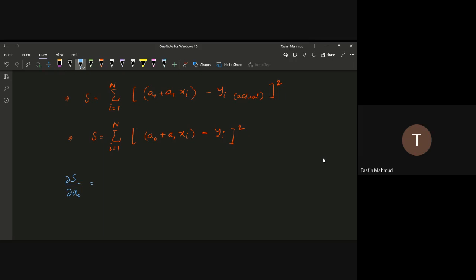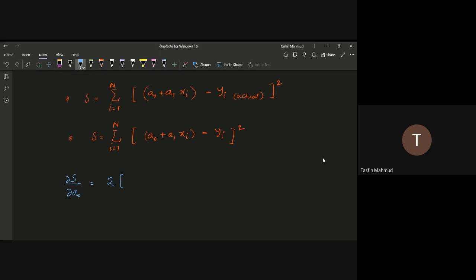We are using the del as actually we will consider it as a partial derivative. Okay, so if we consider this, a 2 will come in front as the square, and we all know the formula for the derivative of any power. So this 2 will come in front and this term will remain as it is.